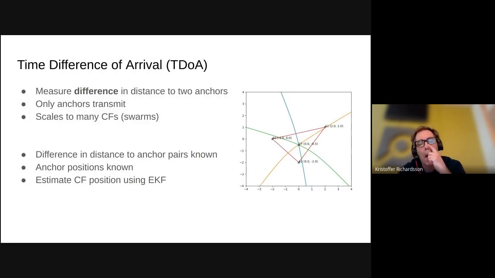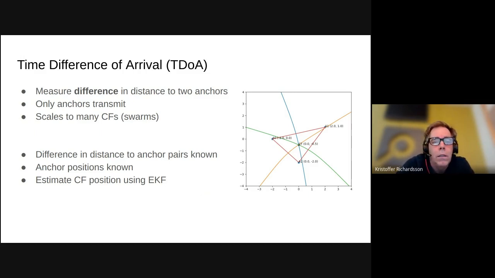So if someone would like to fly a swarm or more than one Crazyflie, then the solution is the time difference of arrival method. We have two different implementations, but the discussion here is going to be generic, and it holds for both of them.